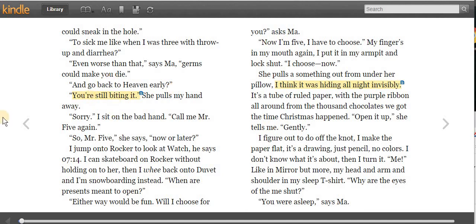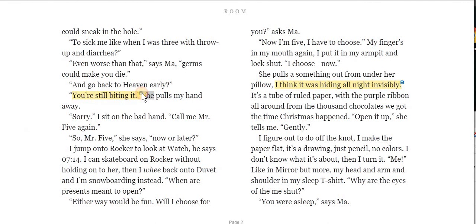And what I was interested in here is what Ma doesn't say, and the fact that she doesn't respond to this idea of going back to heaven early. And instead, she turns back to the matter-of-fact business of him still biting his hand and being naughty. So she doesn't want to talk about Jack going back to heaven. And I thought that was significant.